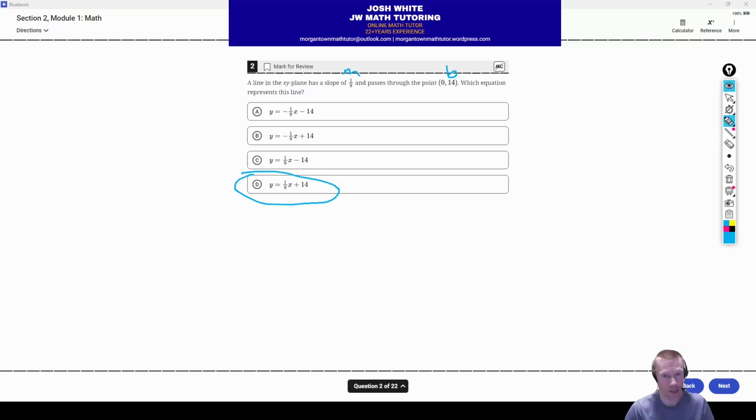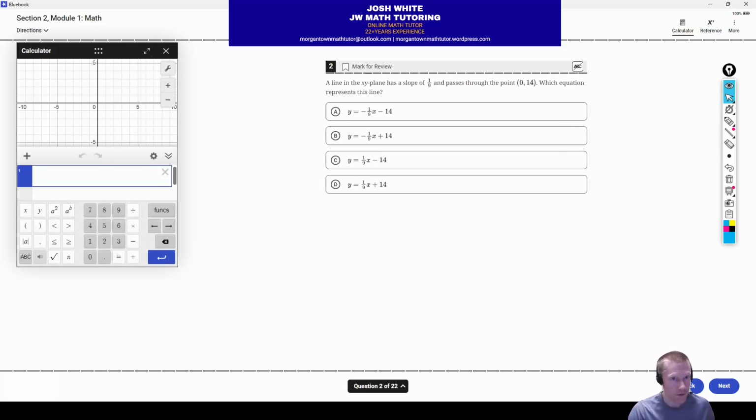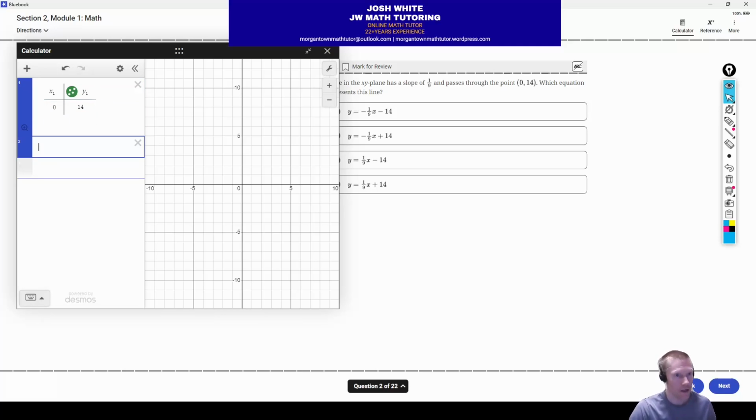Now, just to show you this, and this is mainly to use for more difficult questions, but if you were given a slope and given a point and it wasn't the y-intercept, or you're still having difficulty with this, what you could do is go into Desmos, add a table, put the point in the table, and then do a linear regression like this, and we're going to put the slope in.